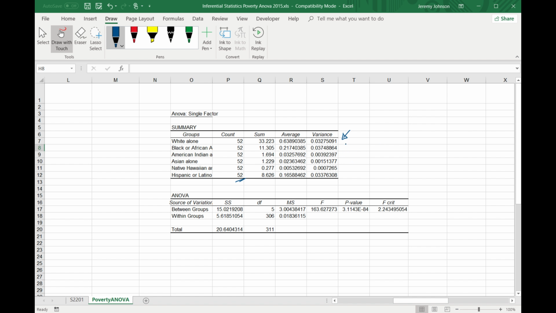But your variance would give you some clues as to which test you might look at. But even more so, here's our F critical to say, hey, if you go above this number, we're going to have some issues.